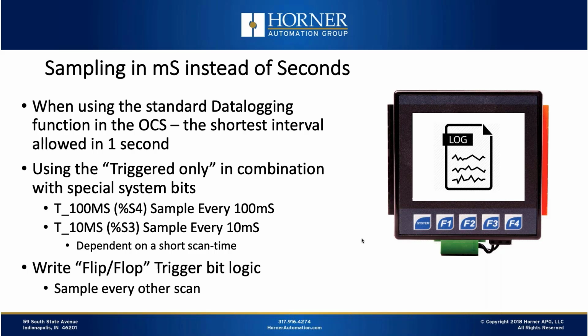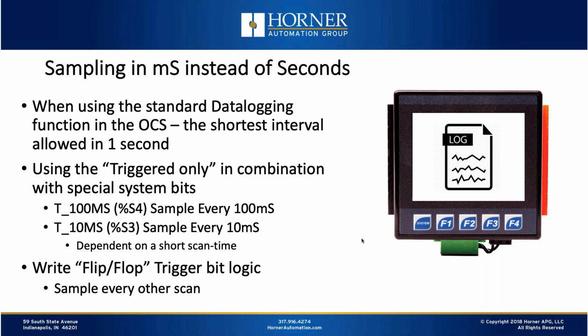So the S4 bit, for instance, is going to be turning on and off every 100 milliseconds, whereas the flip-flop logic we could write would effectively allow a trigger bit to turn on every other scan. So if your scan rate is, let's say, around 3 or 4 milliseconds, you could be looking at samples, let's say, in the 8 to 10 millisecond range.